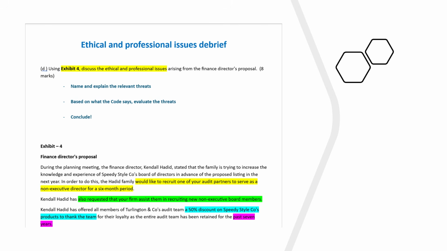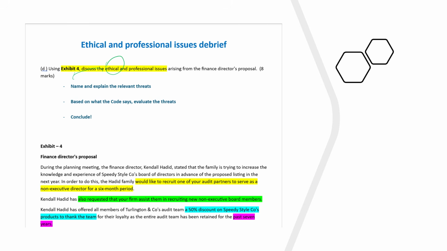Moving on to the last part, using Exhibit 4, you have to discuss the ethical and professional issues. So professional issues are really the additional points in addition to your discussion around the code of ethics. For the ethical issues, there's an answer technique you need to be comfortable with. You identify and explain the relevant threats.